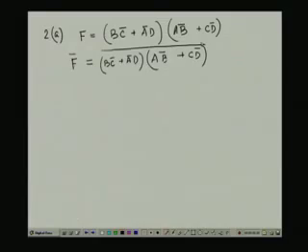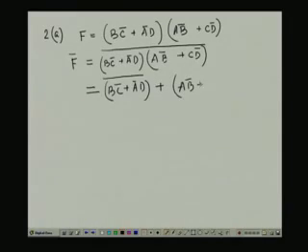So, complement this thing. The first part becomes BC bar plus A bar D, complement of that, this dot becomes plus, and then again AB bar plus CD bar, complement of that.